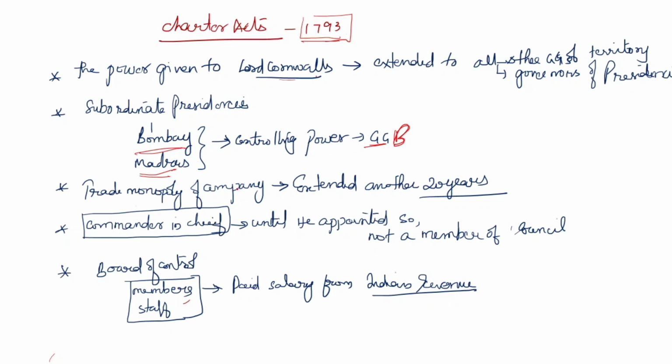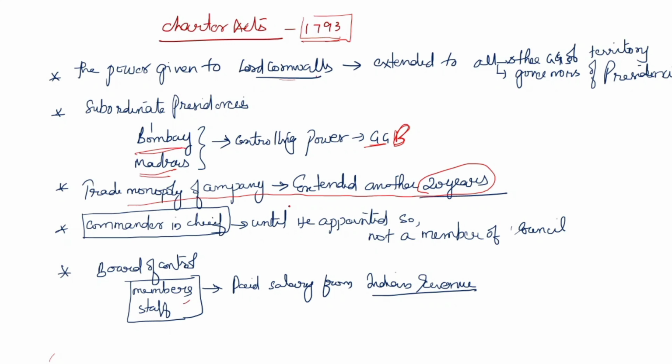And by Charter Act 1793, the trade monopoly of the company was extended for another 20 years. The company was the sole trader in the Indian Ocean.